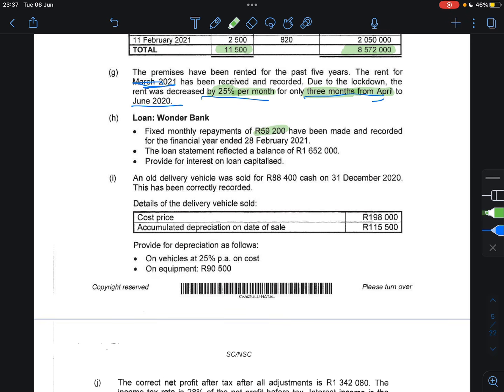All right, and then we move on from our rent to H, and then fixed monthly repayment of 59,000 have been made and recorded. We're talking about the loan now for the financial year 28 February 2021. Okay, so the loan statement reflected a balance of 1,652,000. So the loan, we are supposed to provide for interest on loan capitalized.